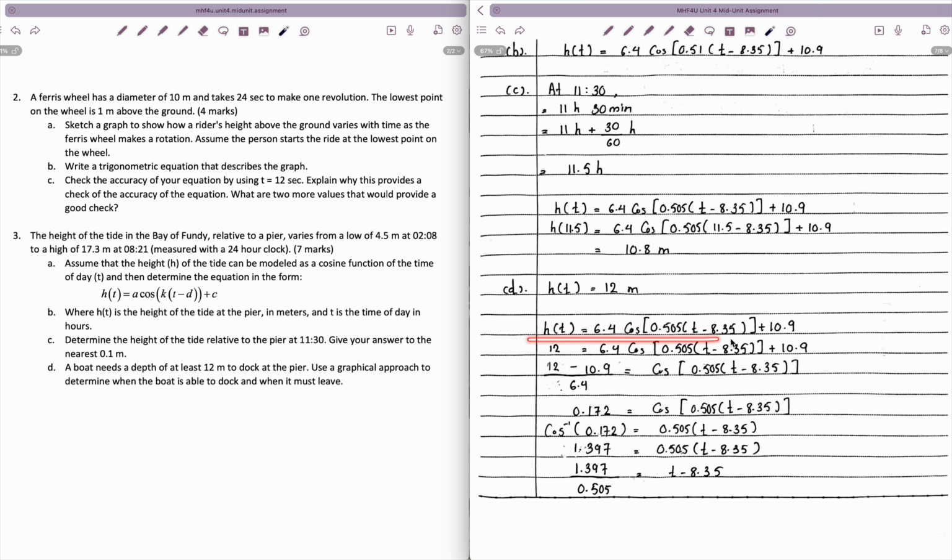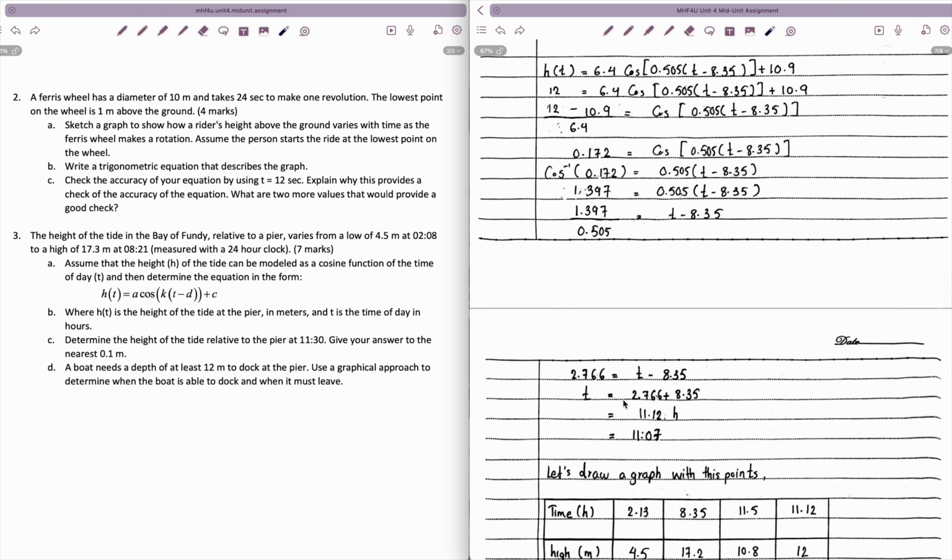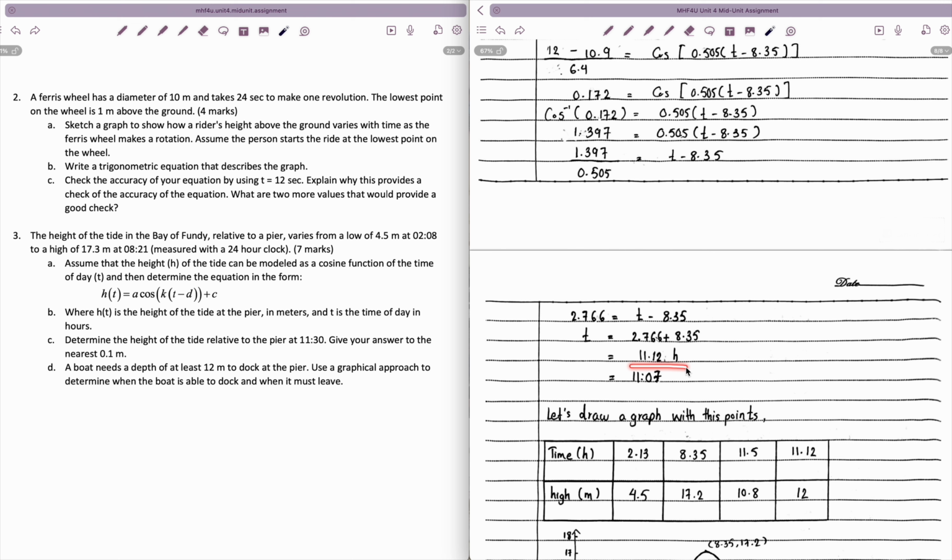Using the equation h of t equals 6.4 cos 0.505 into t minus 8.35 plus 10.9, h of t is 12, so we get t is 11.12 hours. We convert this to minutes, so we get 11 hours 7 minutes.